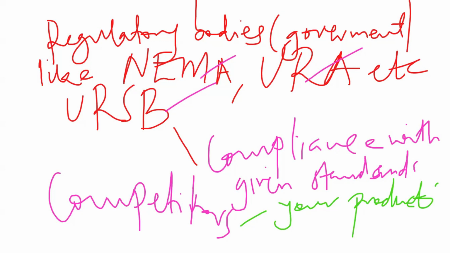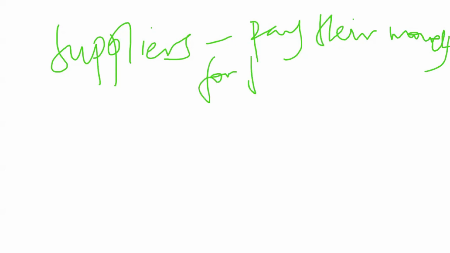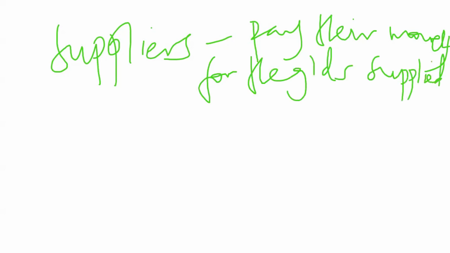The other one we may talk about is the suppliers. These are people that are supplying us goods on credit. So what is their interest? The people that provide materials and goods on credit, their interest is to see that the company can pay their money promptly, on time, for the goods supplied on credit.